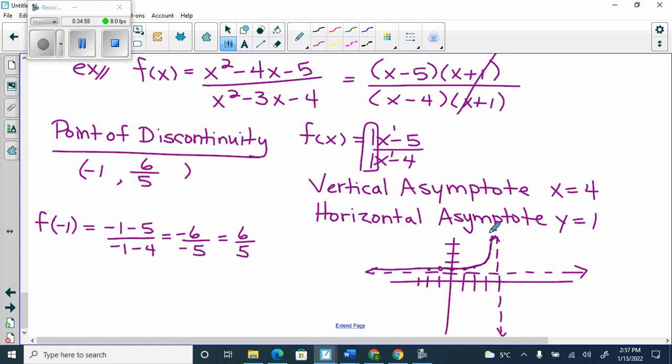So what you want to make sure you don't do is fill in that dot. Make sure you have the open dot on the point of discontinuity. That's what your graph would look like. It would look like a rational with an open dot, correct?